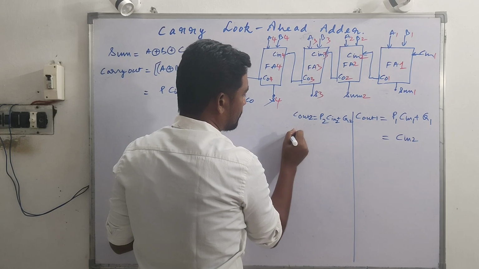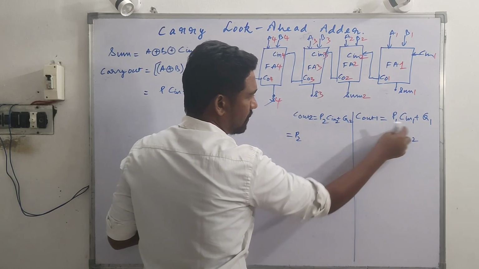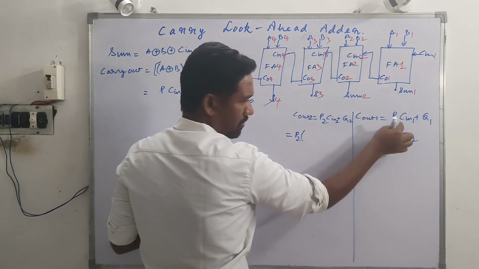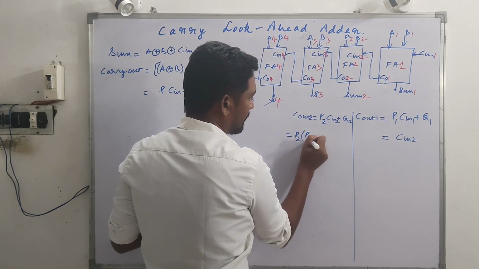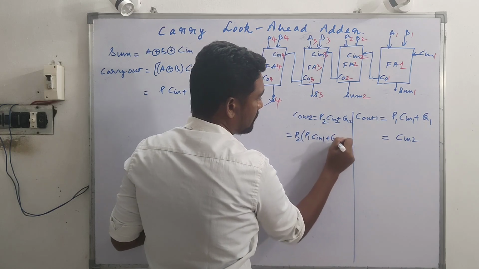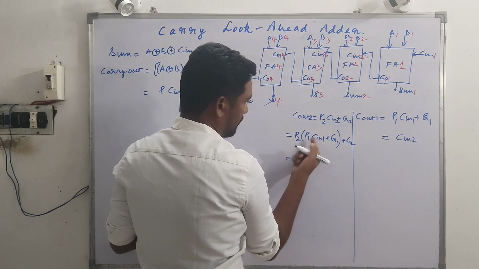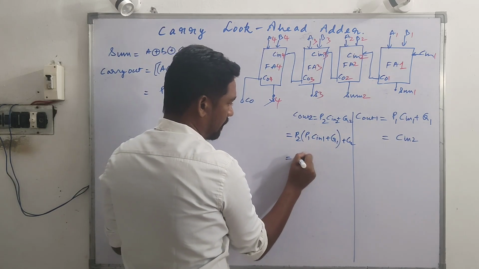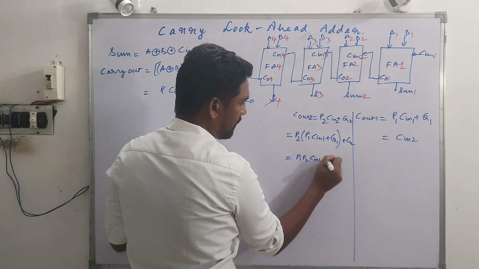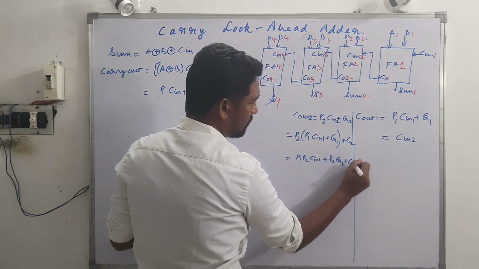And for C out 2 = P2 C in 2 plus G2, C in 2 is this one, so plugging in the expression for that. In the place of C in 2 we're going to use P1 C in 1 plus G1, and this has to come down, plus G2. Opening this one: P1 P2 C in 1 plus P2 G1 plus G2.